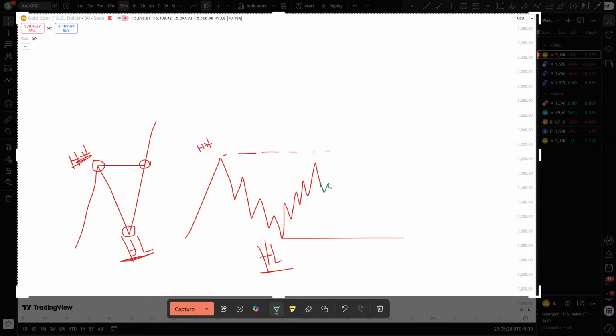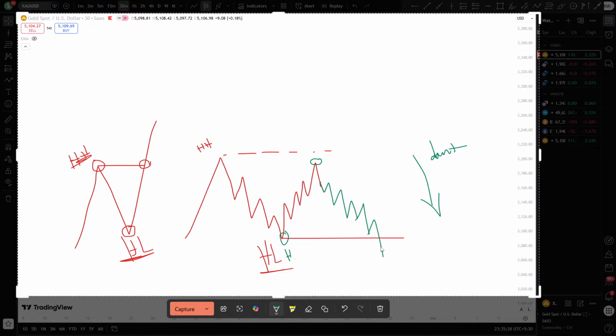When the market comes and takes out this point that you have marked as your higher low, what do you now say? You now say that the market is going in a downtrend. You have now confirmed that the market is in a downtrend. Meanwhile, the market did not give you a breakout for you to consider this point as a higher low.